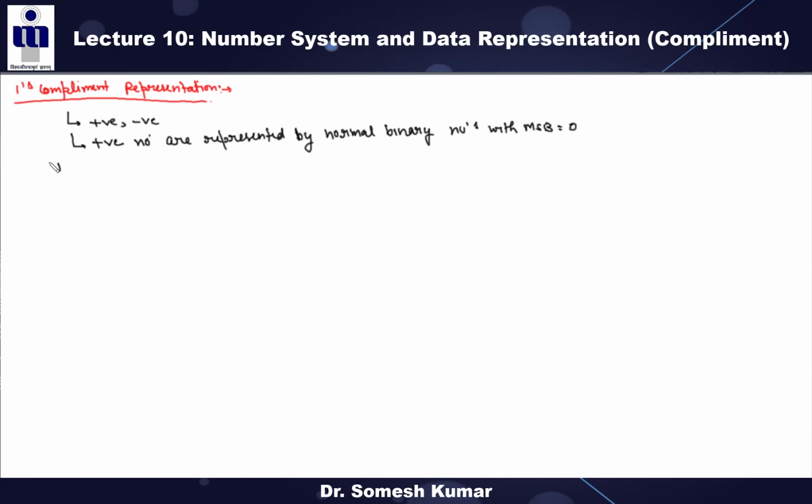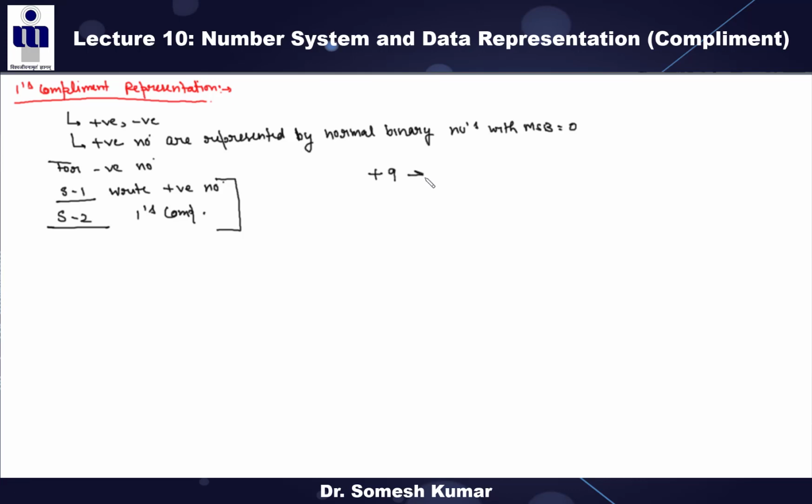For the negative numbers, there are steps. Step 1 is write the positive number first. Suppose you have to write -9. So first you have to write +9. Then step 2 is take the 1s complement of that positive number, right? For example, +9.